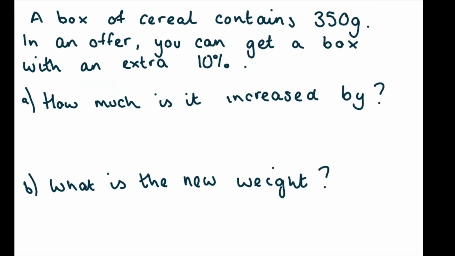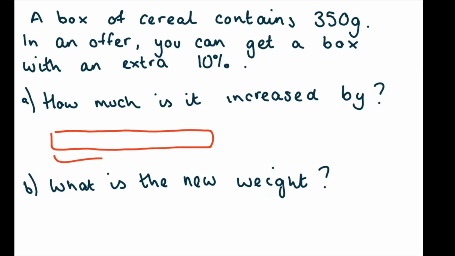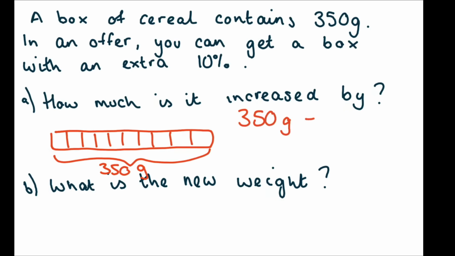Okay, so a box of cereal contains 350 grams. In an offer, you can get a box with an extra 10%. So how much is it increased by? So again, I just need to find my 10% of 350 grams. I'm going to split this into 10. So I'm going to do 350 divided by 10.